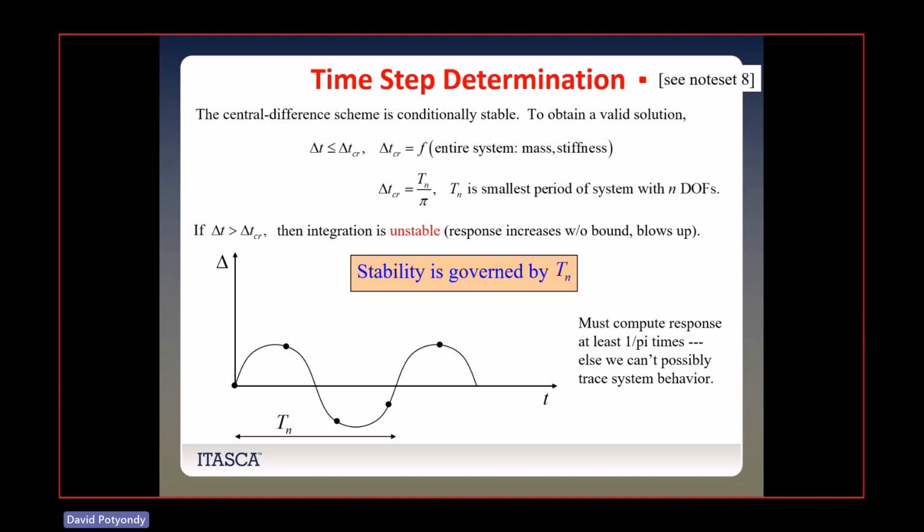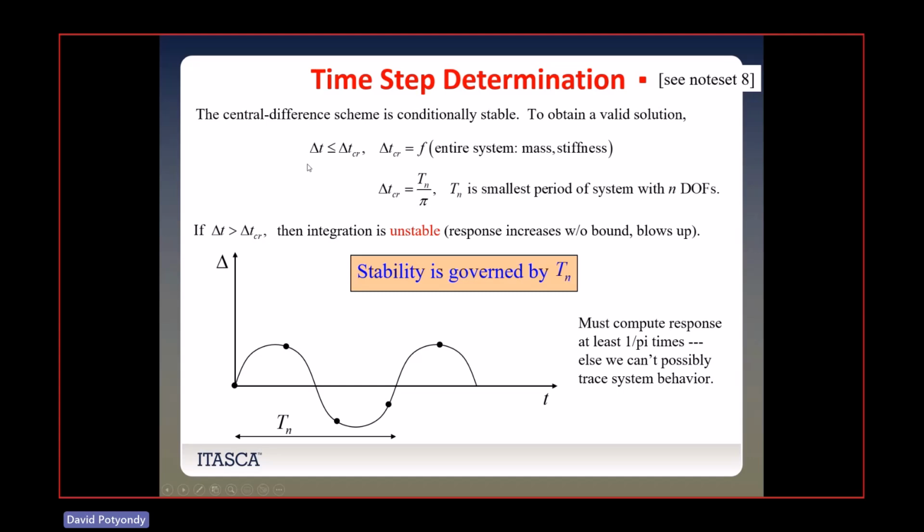It's a differential equation and we're discretizing it. When we discretize it using this central difference scheme, which is a type of finite difference scheme, there is a critical time step. We have to always make sure that our time step is smaller than that, because if we get bigger than that, this integration blows up.